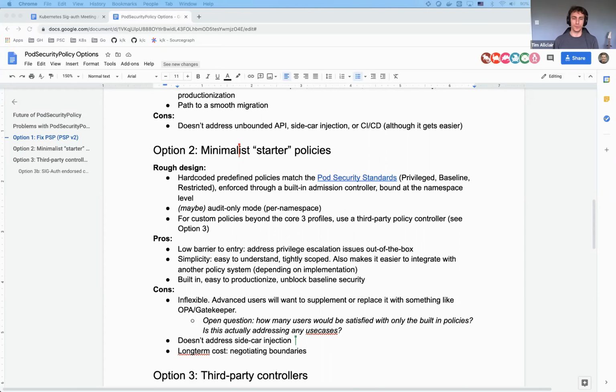If we went with something closer to option 3, then I think that solidly falls in SIG Security's domain of providing guidance to the community on how to use third-party controllers. But if it comes to owning an in-tree pod security policy, I just wanted to point out that's explicitly out of the scope of SIG Security's charter. I don't want to start a cross-SIG war here, but I do want to be careful. We could negotiate that if we needed to, but absolutely respect your boundaries.